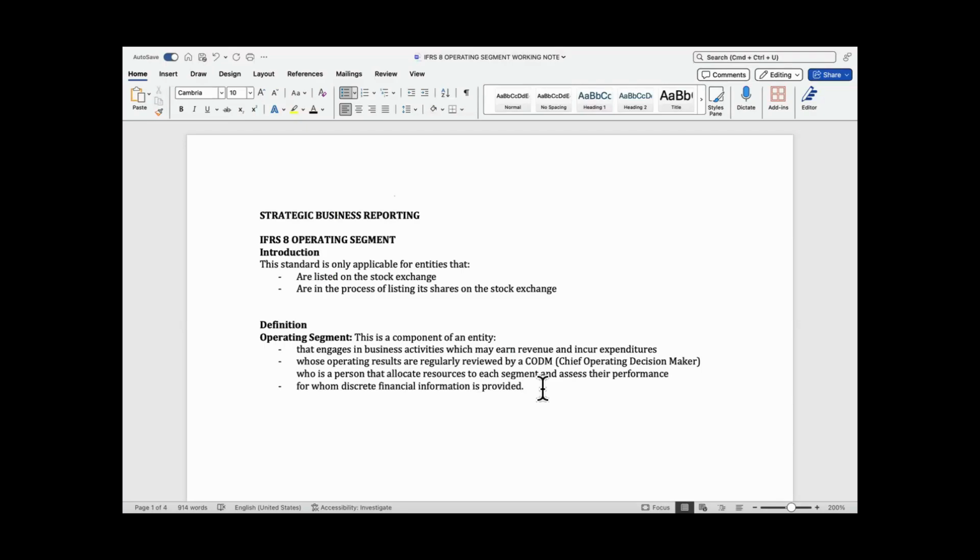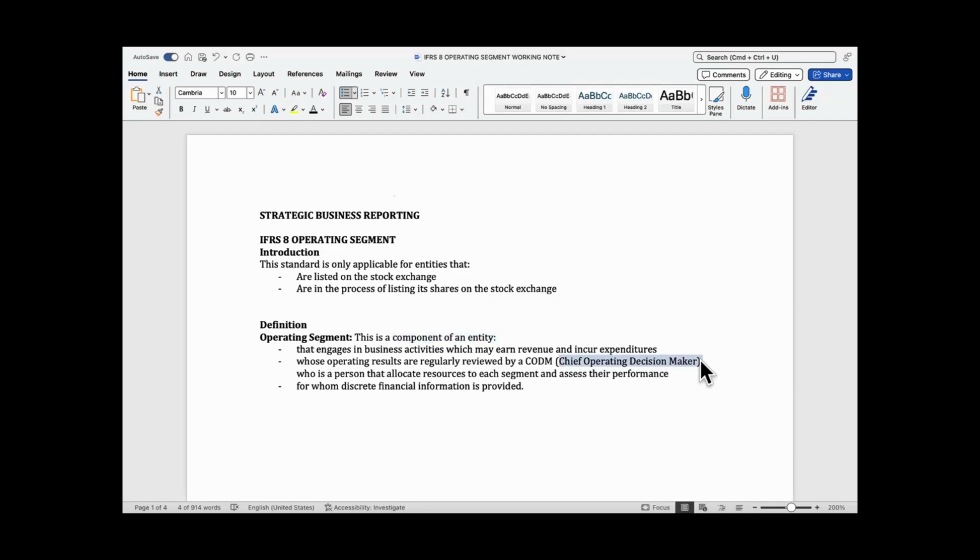So an operating segment is a component of an entity that engages in business activities which may earn revenue and incur expenditures, whose operating results are regularly reviewed by a chief operating decision maker. And you see, this chief operating decision maker is not like a person or a position or something like that.